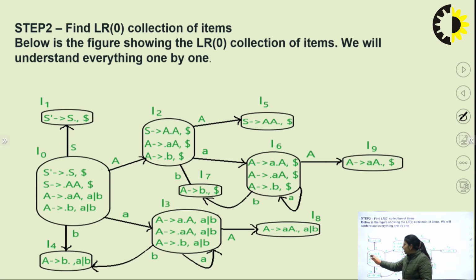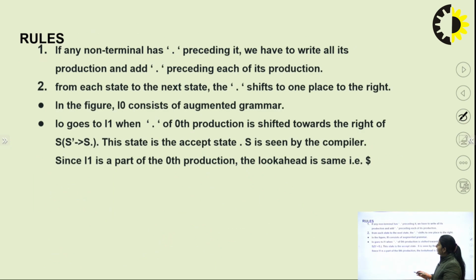Let's see the first production, that is S' gives dot S. There can be a move for S. Why is there a move? Because dot precedes S. If we move the dot beyond S, then the production becomes S' gives S dot. Here are some rules that need to be followed to find the collection of items.